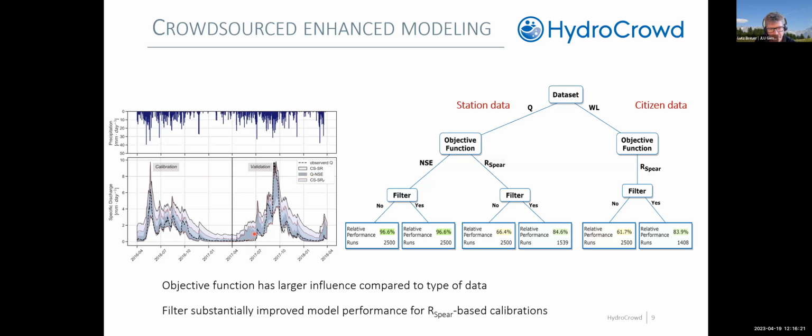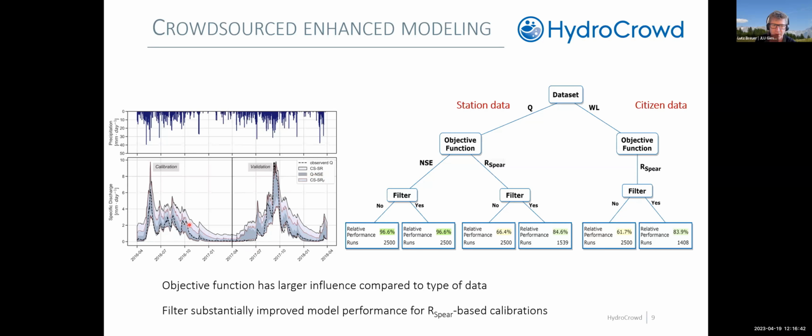The darkest shadow here is the uncertainty around the predictions using the measured data from the station, and only slightly worse is this red, slightly paler area around the measured mean using the Spearman rank coefficient and the filter together.